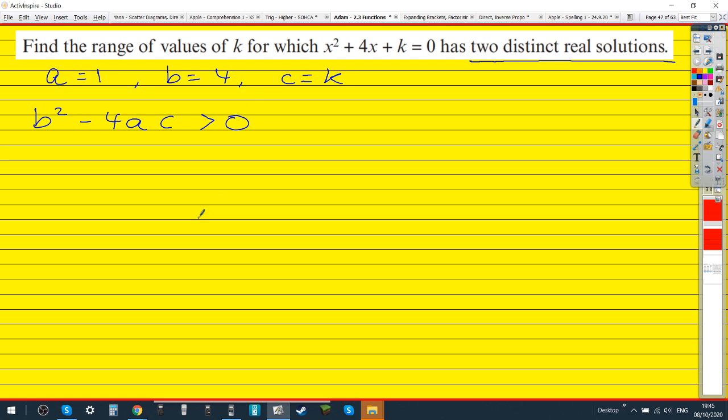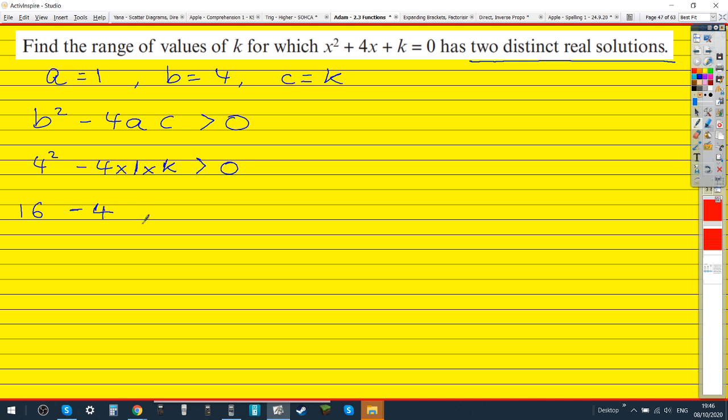And then you substitute them in. So b would be 4 squared minus 4 times 1 times k greater than 0. So 4 times 1 is 4. 4 squared is 16 minus 4 times k greater than 0.